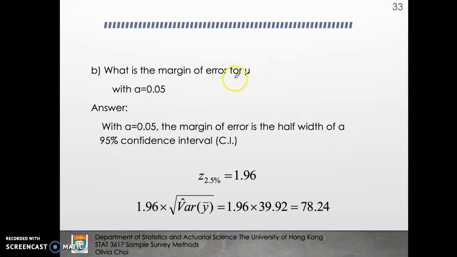What is the margin of error for mu, given alpha equals 0.05? This is alpha. Margin of error, what we mean is, if we are plotting the y-bar distribution, our y-bar is here at the 95%.